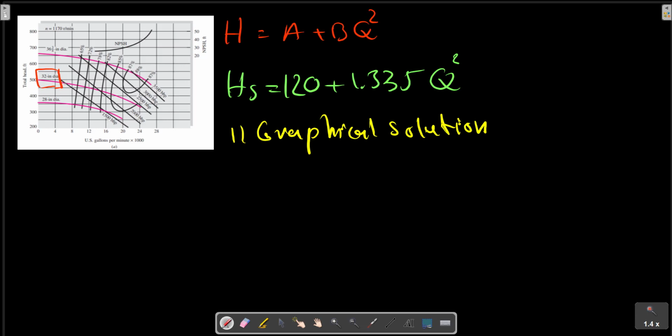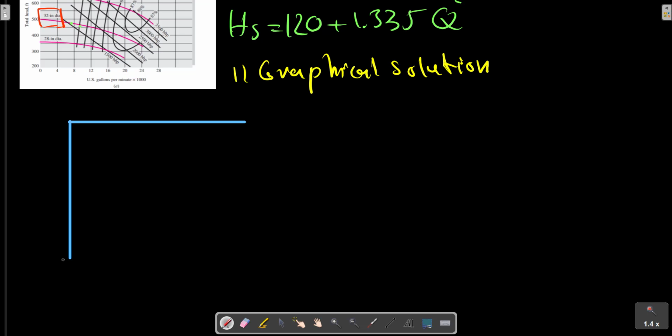We can choose points from this diagram, for example, and plot the diagram for the pump. For example, we have this diagram approximately.